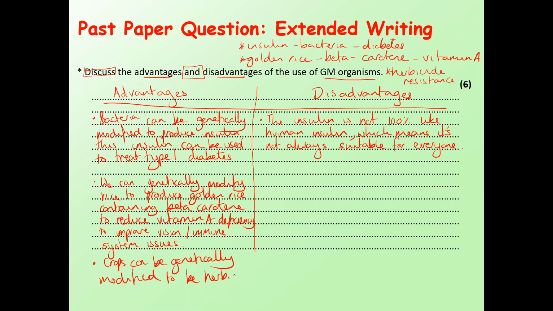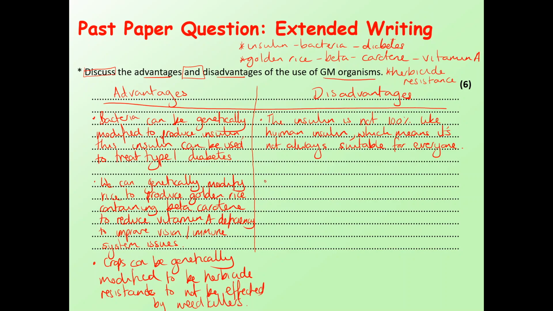What that means is that we can spray the crop with a weed killer and the crop itself is not affected. So there's an issue here.